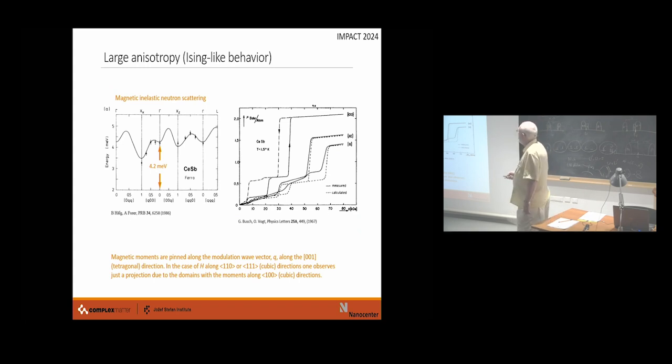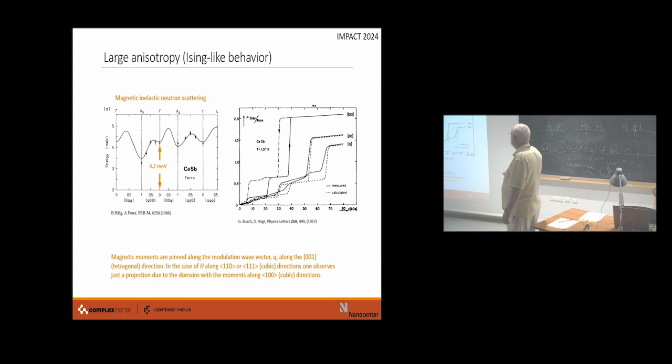Another important property of this compound is very strong anisotropy. If one looks at the gamma center magnon, the gap is 4.2 millielectron volts, which would be roughly 40 Tesla.